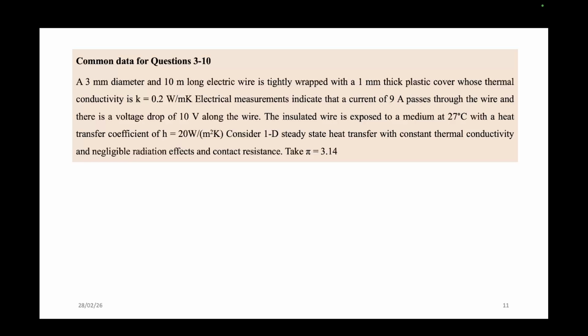The diameter of the wire is given, and also its length is given, right? Its insulation is given, right? So these are the things that are given in this question. Apart from this, what is given? The current of the electricity that is flowing here is also given.